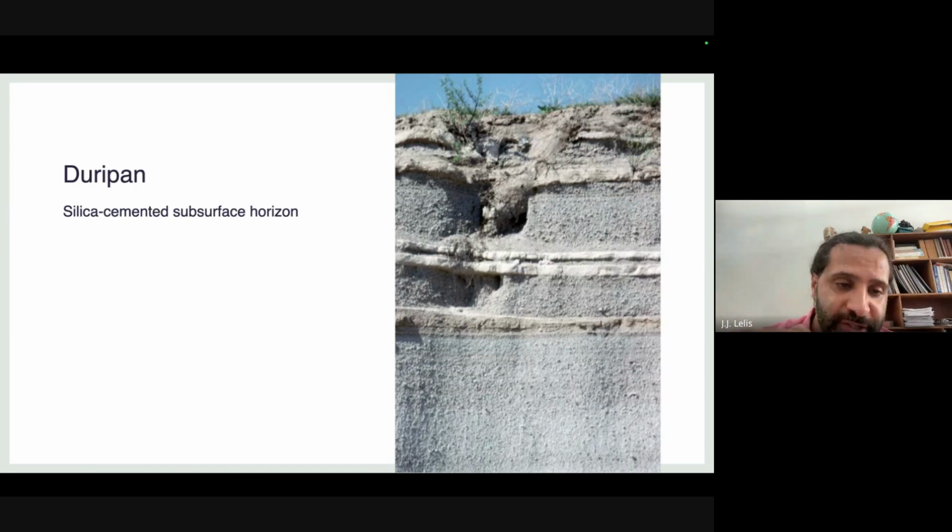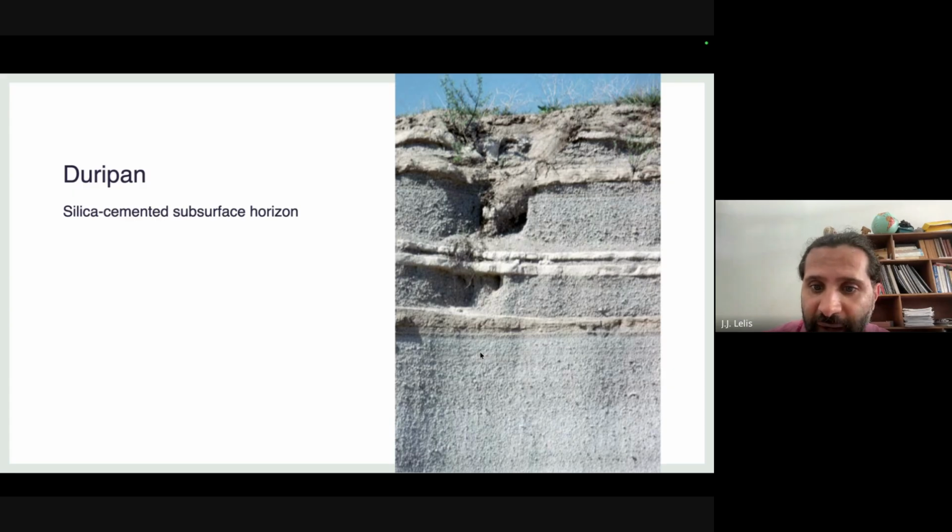We can register cementation by gypsum, by iron, organic matter, aluminum, by calcium carbonate, and we can also register cementation by silica. So silica can also cement some subsurface horizons and form what we call a duripan.